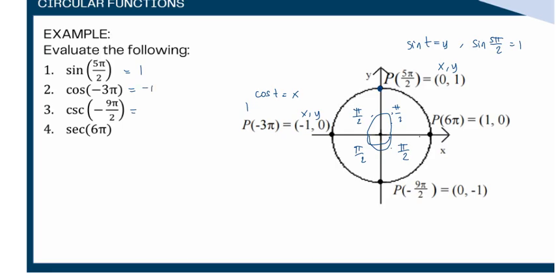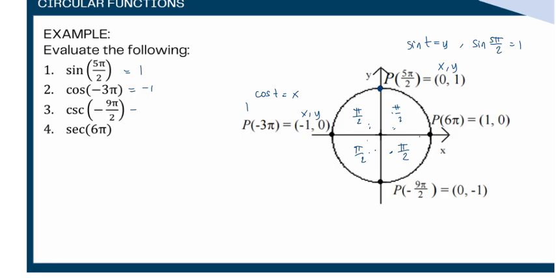Okay? And if we talk about cosecant negative 9 pi over 2, it's the same case as our negative 3 pi. It's moving clockwise. So we do the same thing. So how many pi over 2 are there in our negative 9 pi over 2? That's 9. So that would be 1, 2, 3, 4, 5, 6, 7, 8, 9.